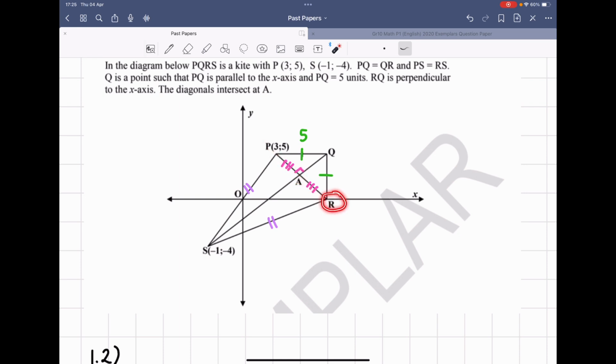And I just found out the coordinates of R, and I was told the coordinates of P, so I can just use the midpoint formula using these two coordinates, and I can find the coordinates of A.